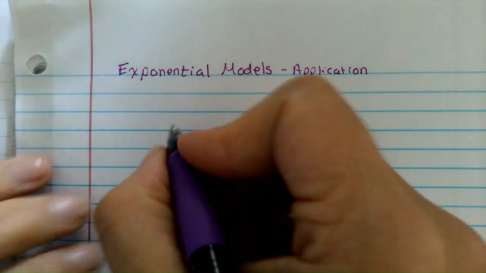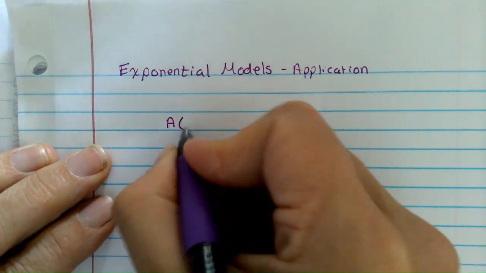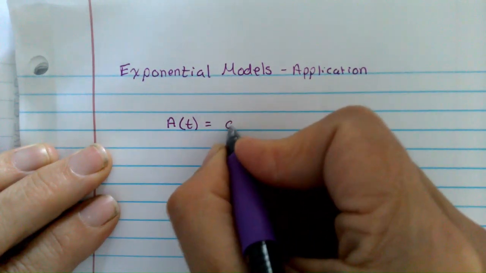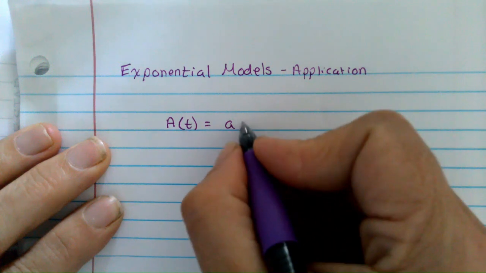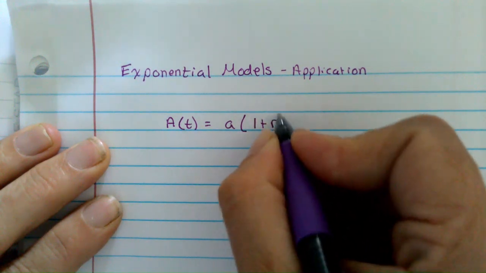If you've ever worked with or looked at exponential models, you might have seen several different formats of the equations. You might have seen A of t equals a(1 plus r) to the t.